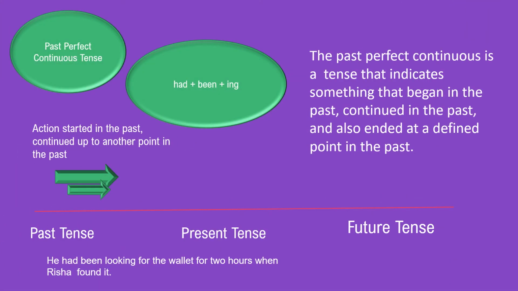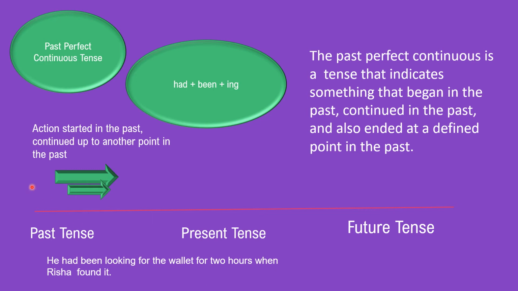Past perfect continuous tense. Now how do we use it and what does it mean? It means some activity which was ongoing and ended at a specified time. For example, he had been looking for the wallet for 2 hours when Risha found out. So now these 2 hours tell you about a definite time when that ongoing activity stopped.